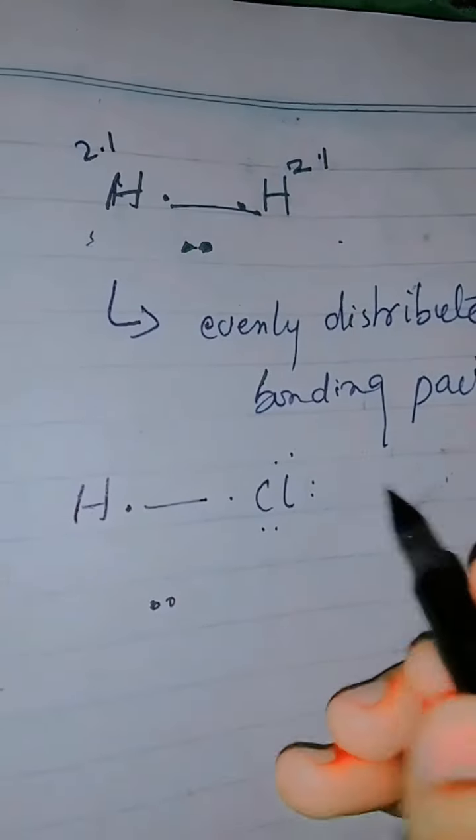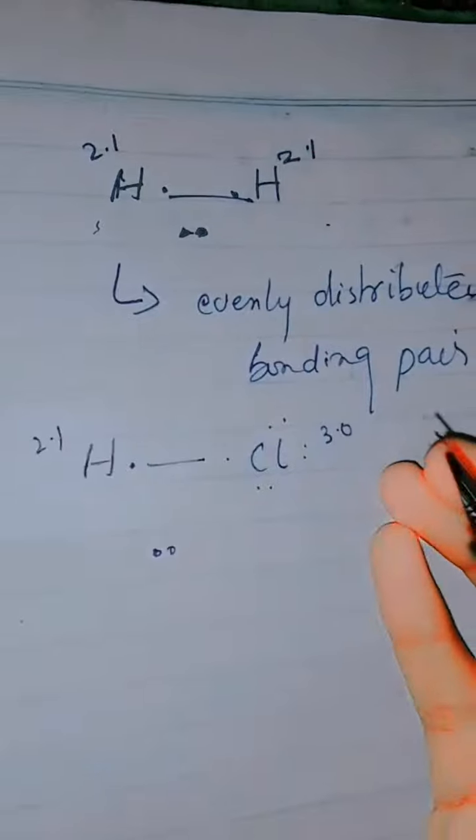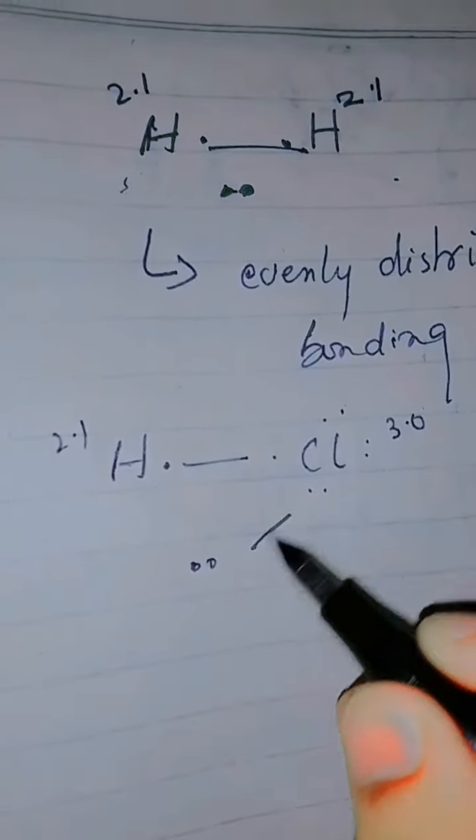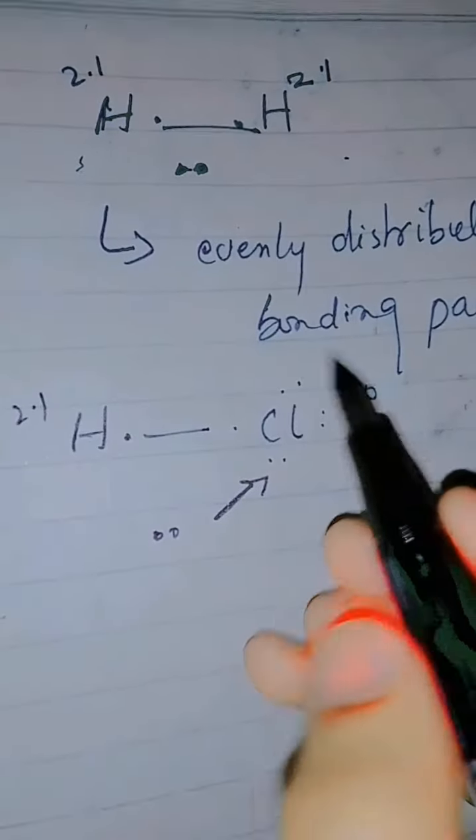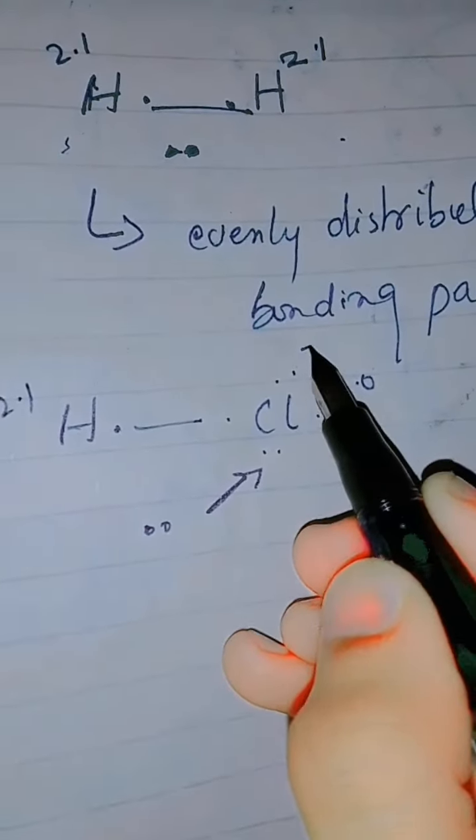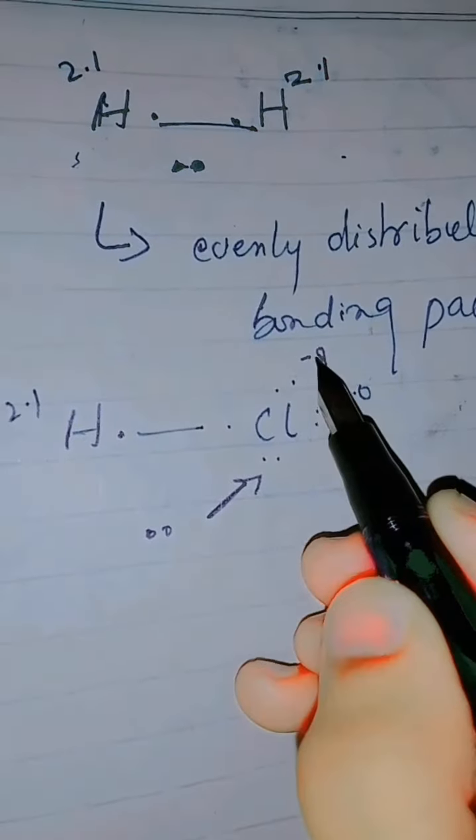And if I talk about hydrogen and chlorine, they'll be sharing their electrons. Chlorine has 3.0 electronegativity and hydrogen has 2.1, meaning chlorine has more electronegativity than hydrogen. So the shared electrons will be much more attracted towards chlorine because of its electronegativity. So on chlorine there will be a partial negative charge, the sign is like this.